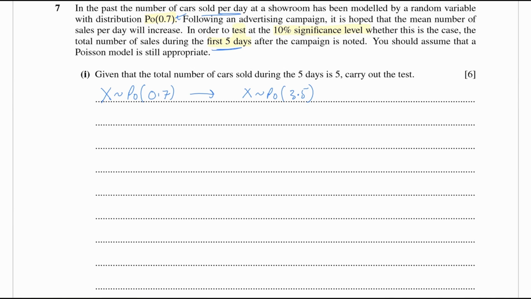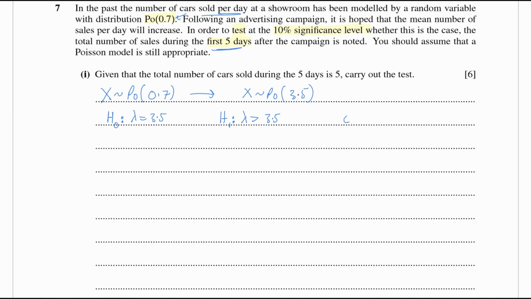Now they're hoping that the sales will increase. So we start off with what the sales are as our null hypothesis. The sales are lambda equals 3.5, and the alternative hypothesis is that we're increasing the sales, so lambda is greater than 3.5.